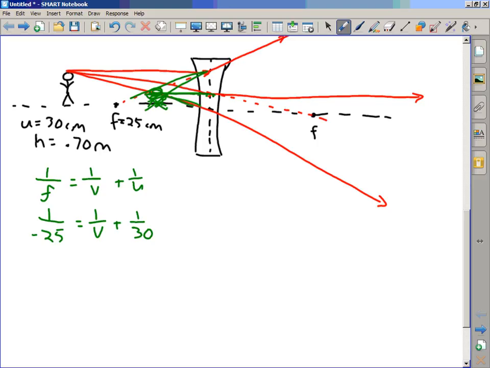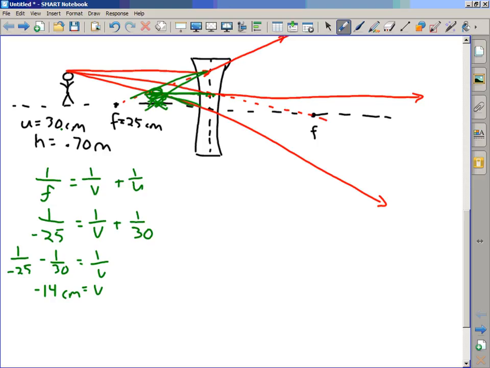So this is going to be 1 over negative 25 minus 1 over 30 equals 1 over v. You stick those two together, you take the inverse, and v is negative 14 centimeters. Is that what we expected?